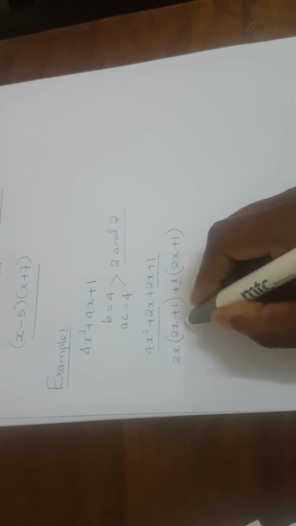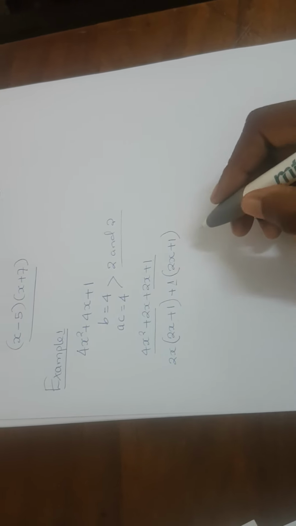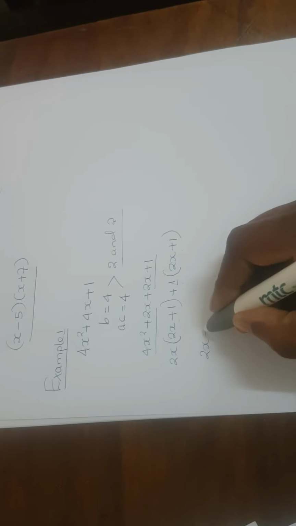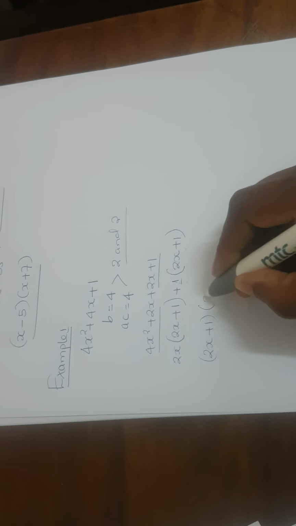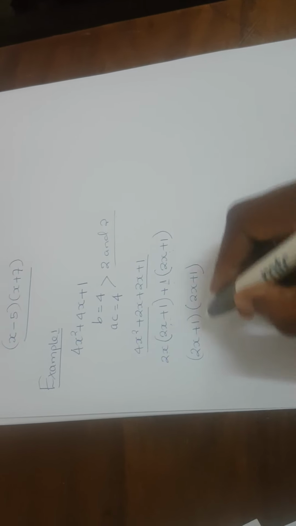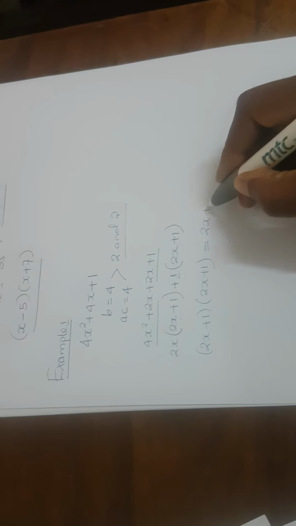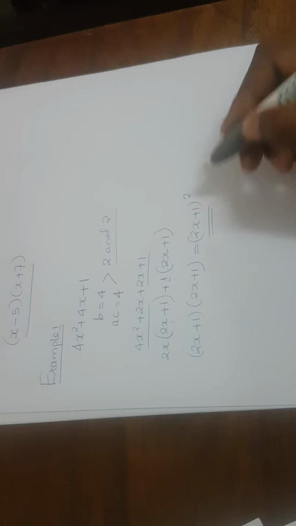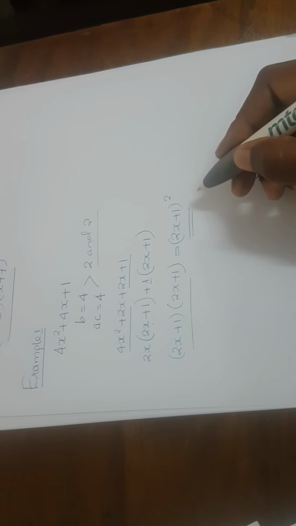To know I got it right, the values inside the bracket must be the same. So the factors repeat to give 2x plus 1 squared. Even if you leave it in this form, it's correct.